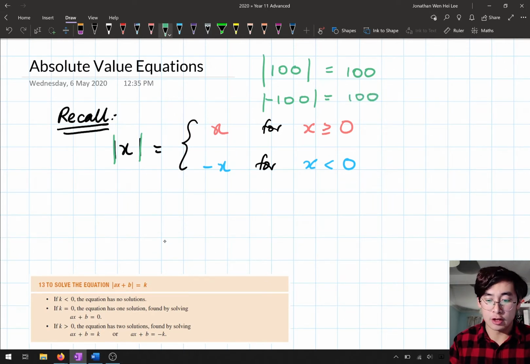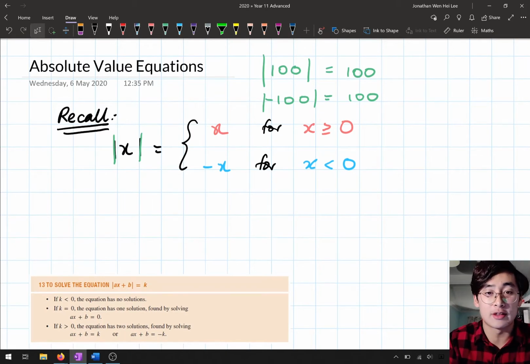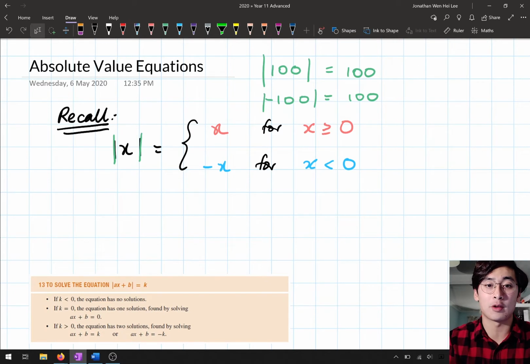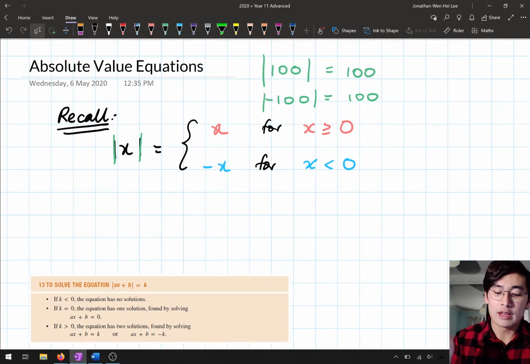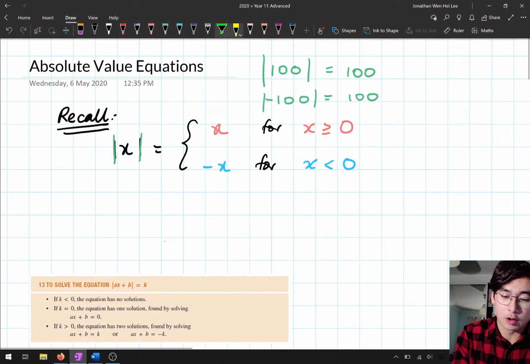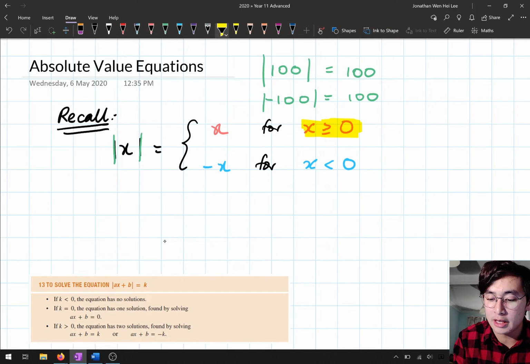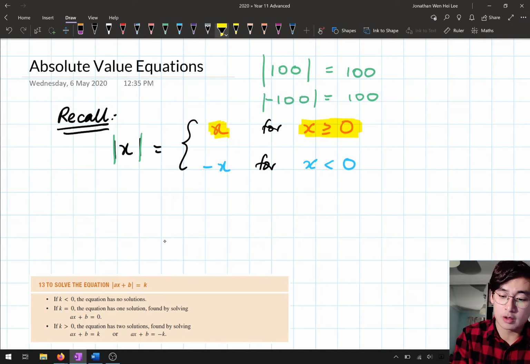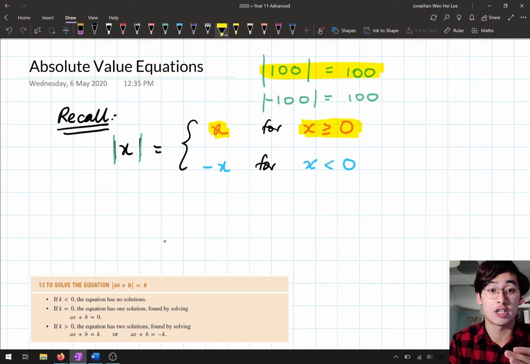So here, the absolute value of negative 100 is 100 as well. And what I have on the screen at the top here is just a definition, that definition that we wrote in the last lesson, the algebraic definition of what the absolute value function is. If the number I'm putting into my absolute value function is a positive number, which is what this first line tells me, I'm just going to get back my original number, which is just x. Whenever I chucked in a positive number like 100, I get back my original number.